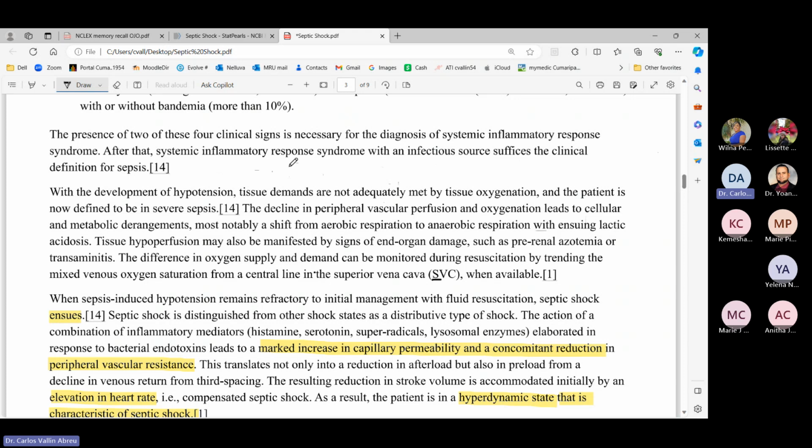So we have here a client that has systemic inflammatory response syndrome because of a urinary tract infection, but we don't have enough information to define if the client is presenting shock, septic shock in this case, because we don't have a clear definition of hypotension, and we don't have values of lactic acid to define if the pathophysiology of septic shock is happening.